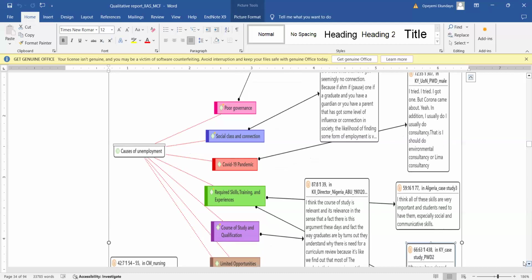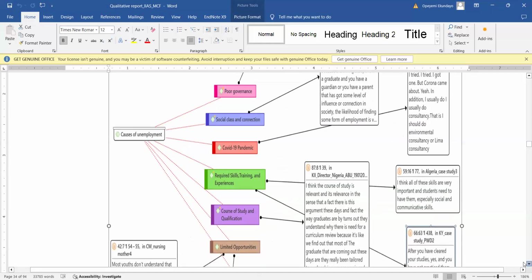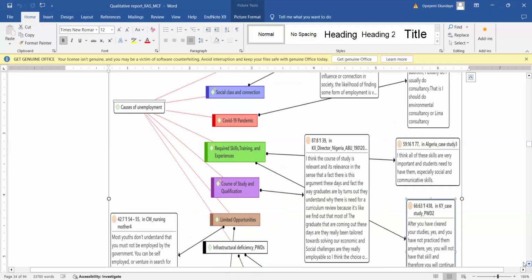If you don't know anybody, you won't get employed. COVID-19 pandemic struck and affected employment. Some do not have required skill, training, and experience. The cost of study and qualification, and then limited opportunities. Then infrastructural deficiency for people with disabilities.